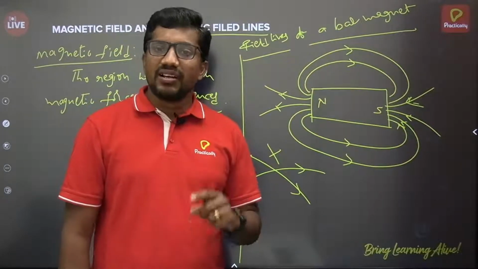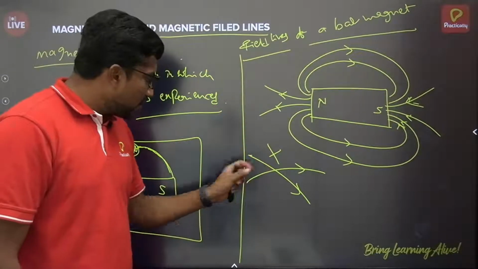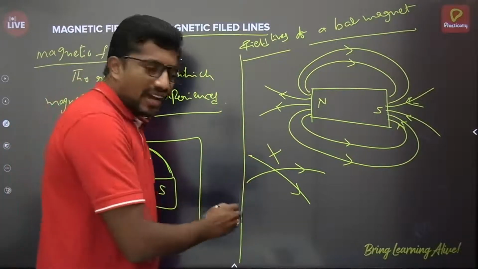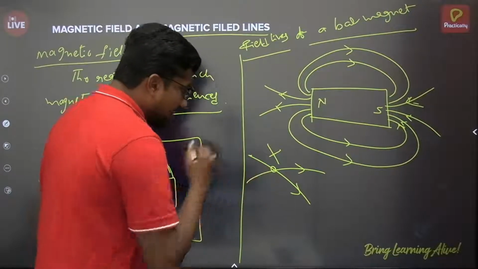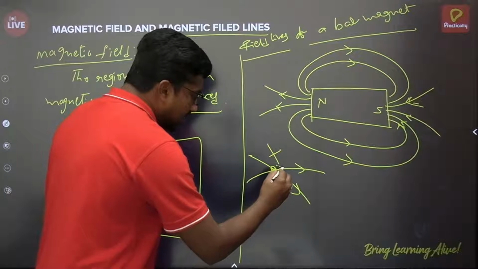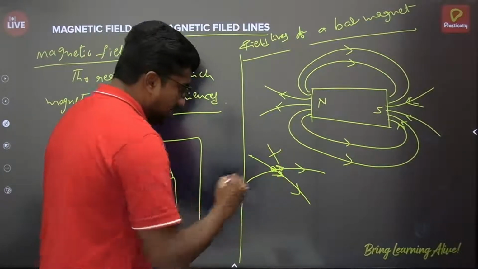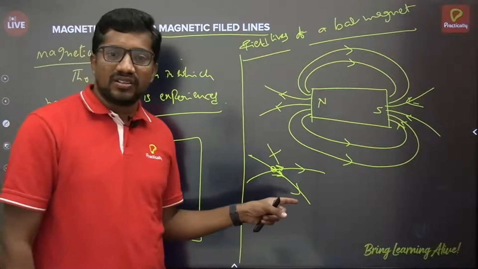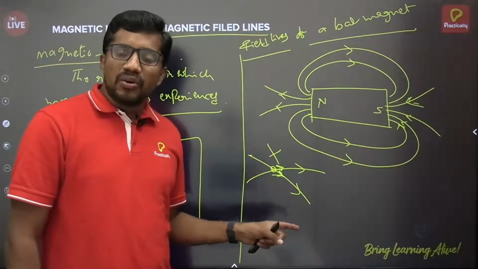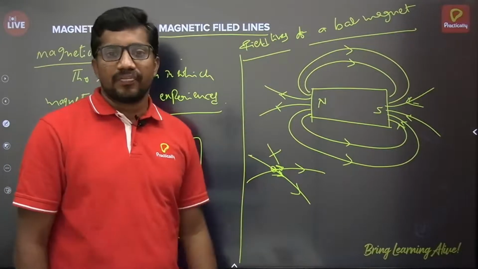Suppose you take two magnetic field lines and they are intersecting like this. Then at the point of intersection, at this instant, the field line would possess two directions, which is not possible. That's the reason why two magnetic field lines will never intersect each other.